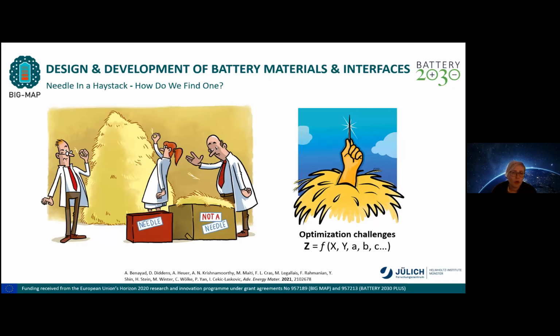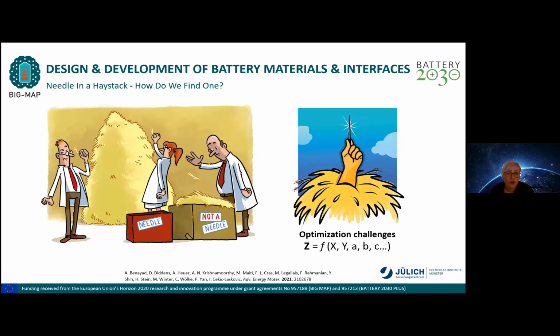And actually it all boils down to the optimization issues, which means it's like a proverbial search for the needle in a haystack, having in mind that batteries are rather quite complex systems and that we have a lot of interconnected variables that in the end dictate and govern the main processes and the main operation of each battery cell, together with the safety, sustainability, and last but not least, the costs.